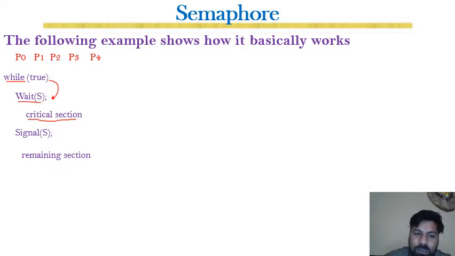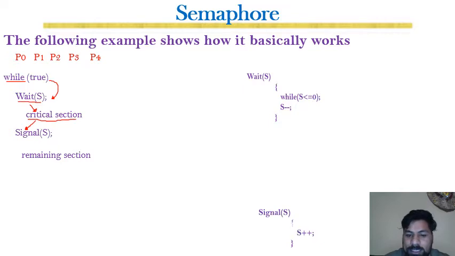Once they leave, they will execute a signal function that will determine whether the next process is allowed to enter the critical section. Here you can see the code for the wait function, and here is the code for the signal function. So these are the two atomic operations that can be performed on a semaphore.